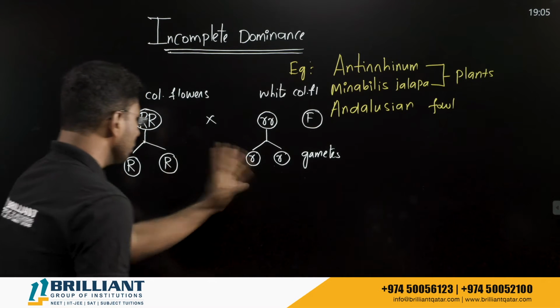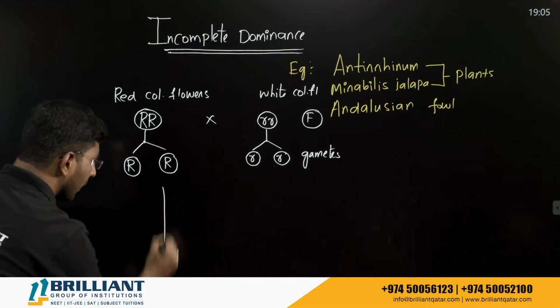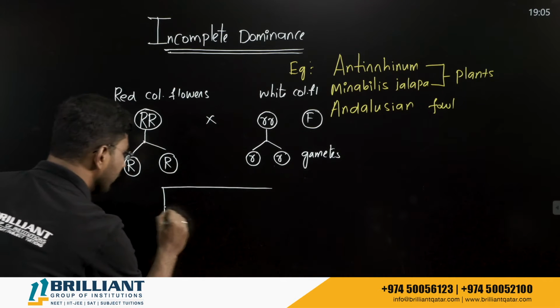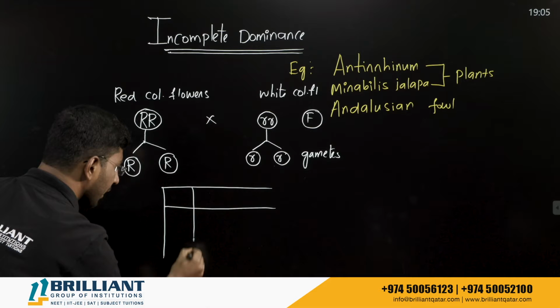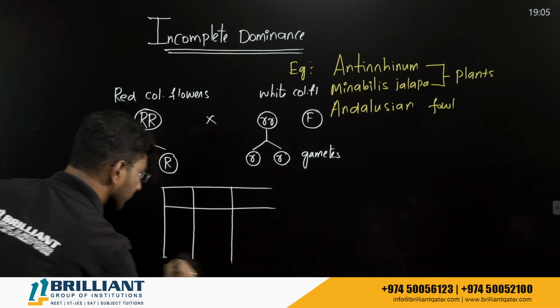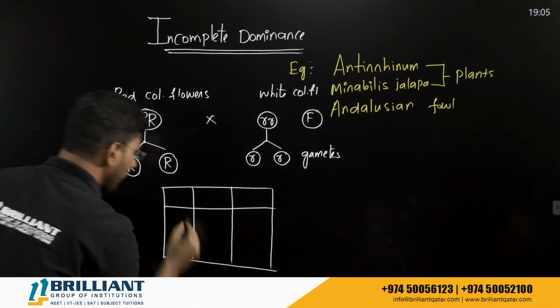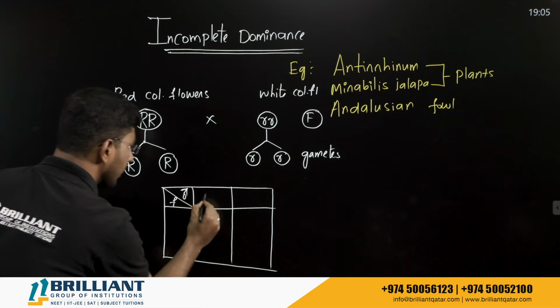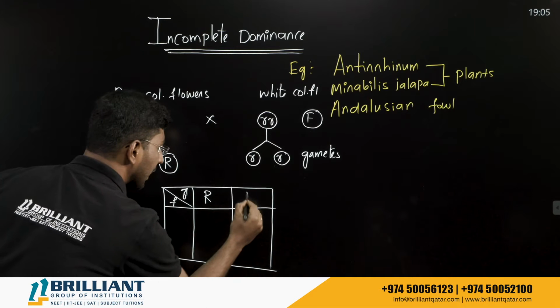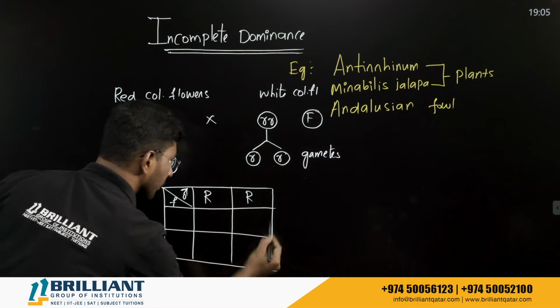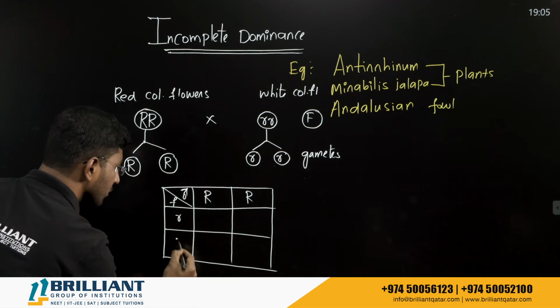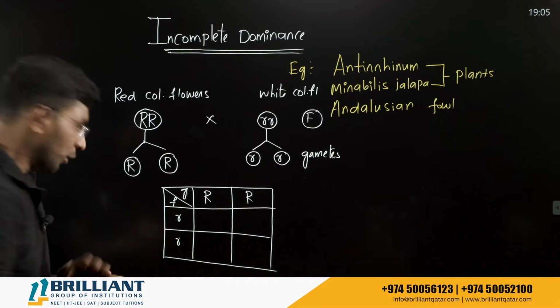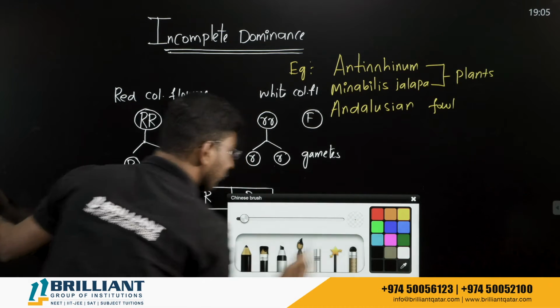Let me take here a Punnett square. In the Punnett square, we identify the F1 generation. Male, female. Capital R, 1 gamete, capital R, second gamete. Here, small r, 1 gamete, small r, next gamete. So what is the first zygote going to form?